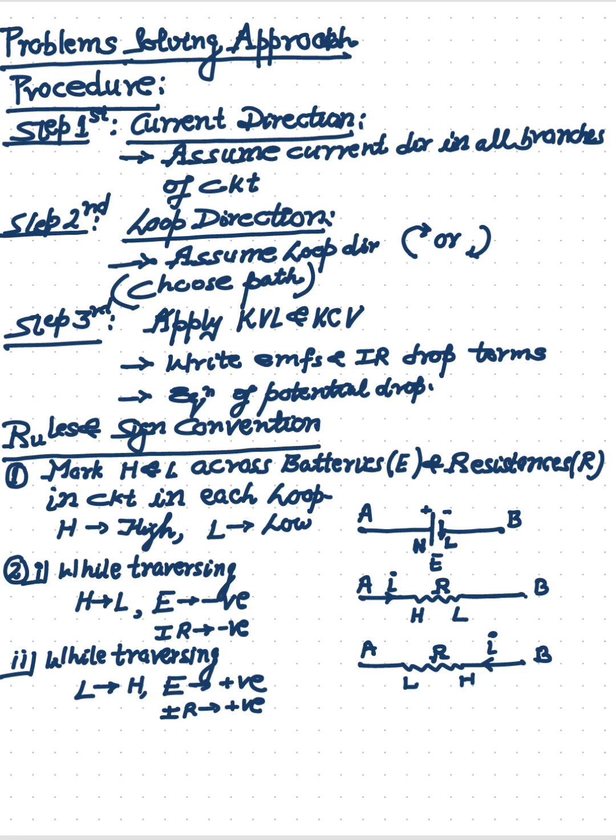Let me show you by a diagram. Suppose a battery E and a resistance R are connected, with end A and end B, and the current is flowing from A to B. Across the battery this will be H and this will be L. The path I am choosing is A to B. Across the battery we are traversing high to low, so E will be negative.